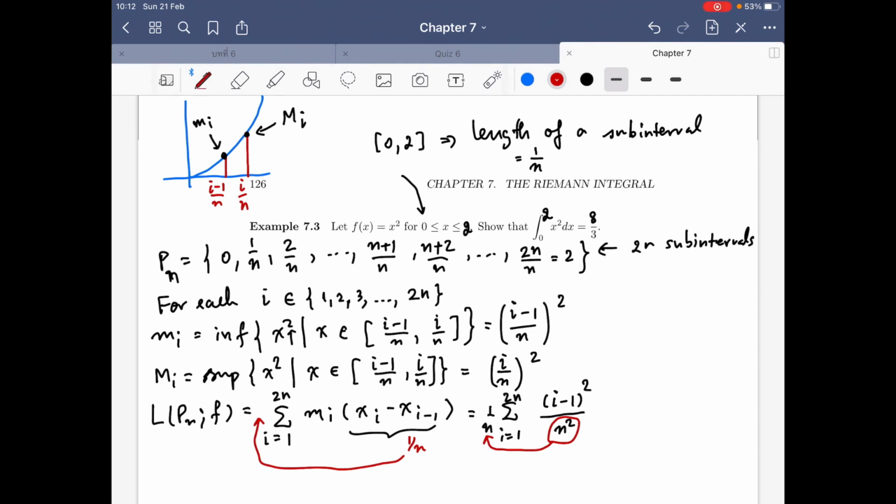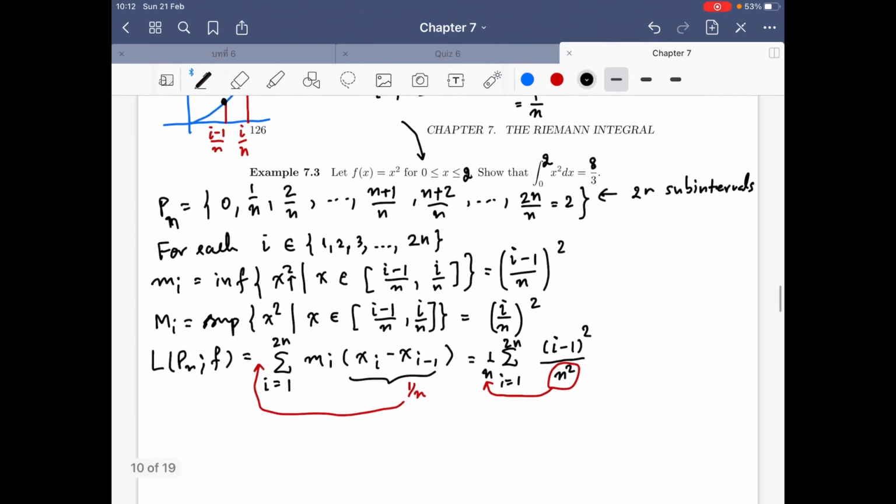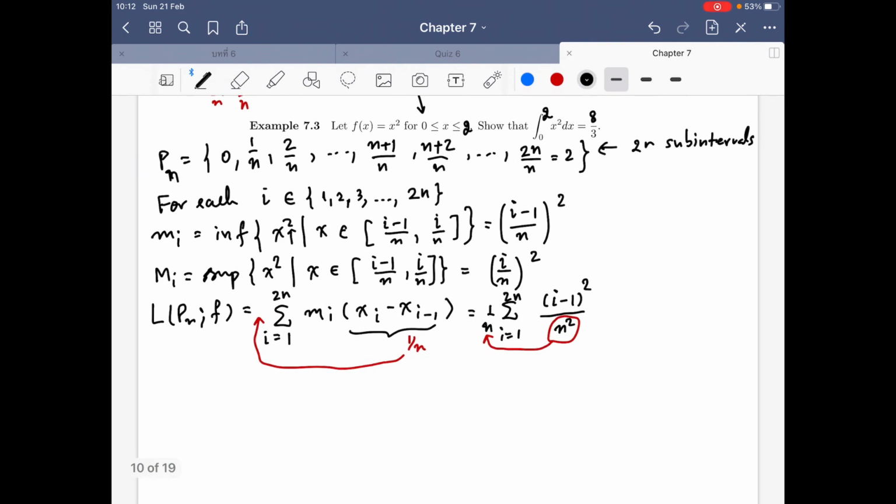Okay, so if you want to calculate this one, it depends on how good your algebra is. If you are not so sure about your algebra, then you may say that this is actually the summation from i to 2n of i squared minus 2i plus 1, right? So the summation will be distributed into each and every term there.